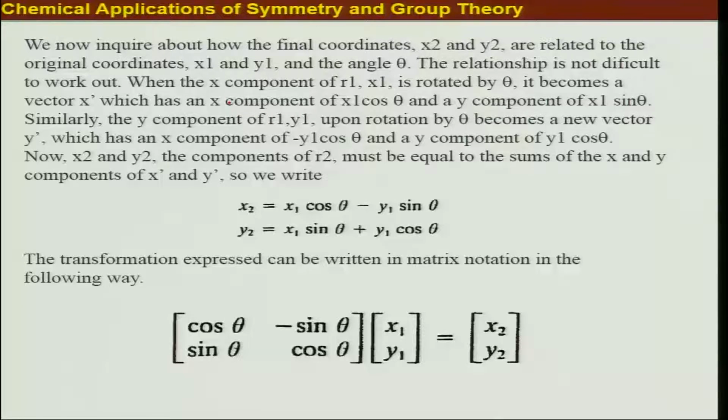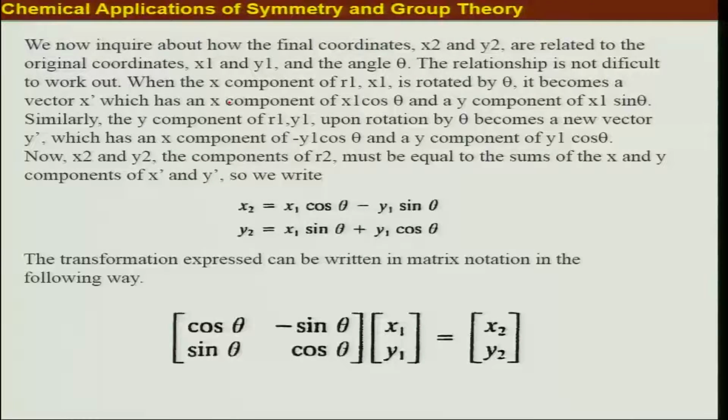So how? When the x component of r1, which is x1, is rotated by theta, it becomes a vector, say x prime, which has an x component of x1 cos theta and a y component of x1 sin theta. This is a simple geometry problem, so you can easily find that out.